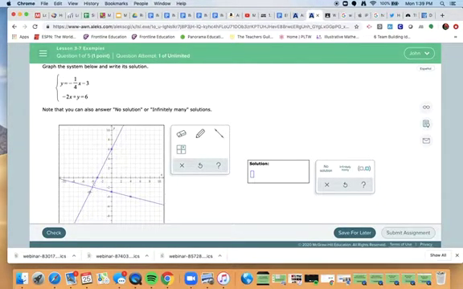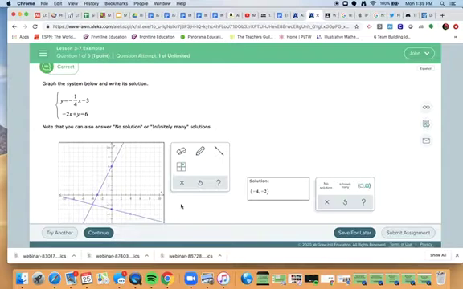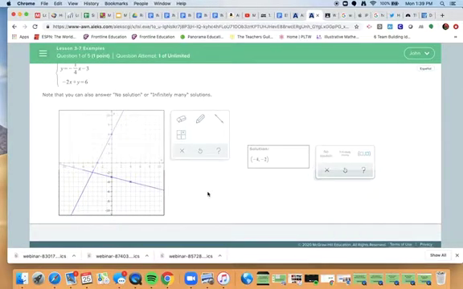And it looks like it's right at about the point negative 4 for my x-coordinate and negative 2 for my y-coordinate. So let's try that and see if they like what we got. Oops, I always forget that this thing's touchy. I want you to move it over like that. All right, excellent.